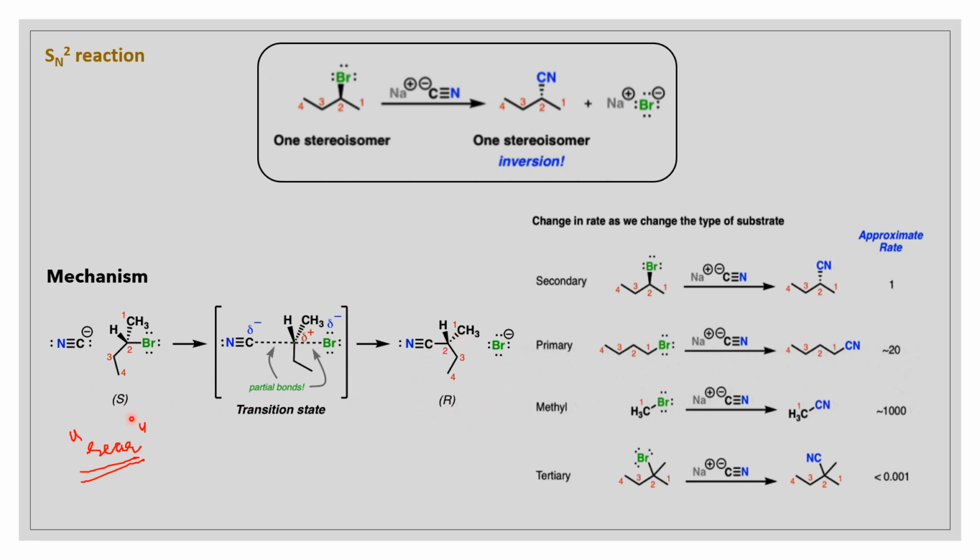So when you look at the stereochemistry, you can see that the starting compound had an S configuration. But after the reaction, you are getting a product of R configuration. That is, you are getting an inversion of configuration, because the cyanide ion cannot attack from the side containing the bromine atom. It can only attack from the side opposite to the bromine atom. That is why you are getting a product of inverted stereochemistry.